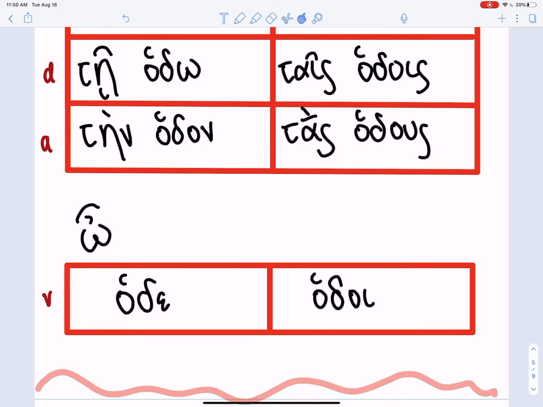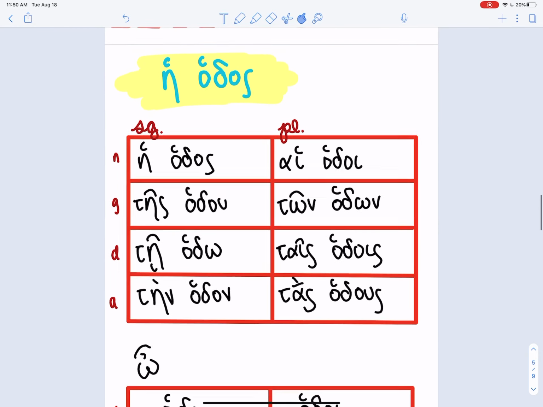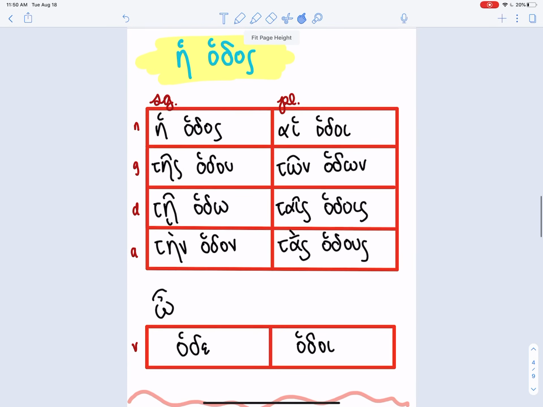Okay, so let's go through and say he hodos declined fully one more time. Starting with nominative singular. He hodos, tes hodu, te hodo, ten hodon, hi hodoi, ton hodon, tais hodois, and tas hodus.